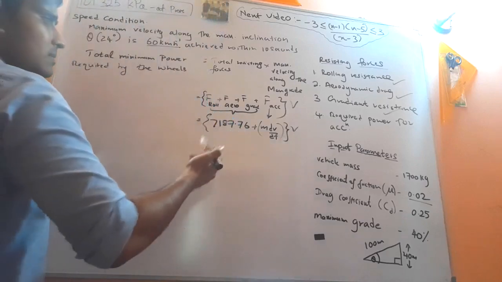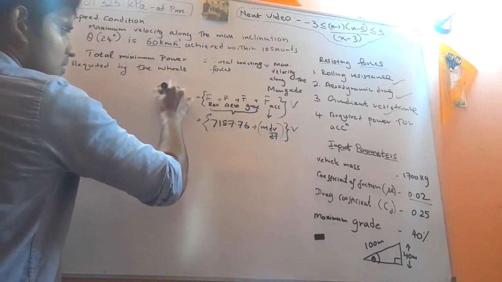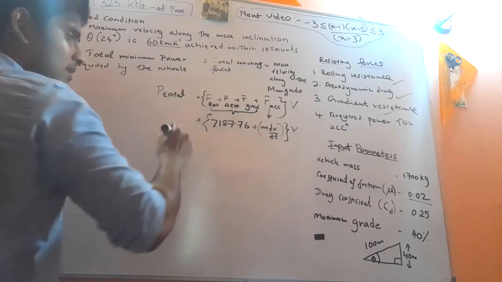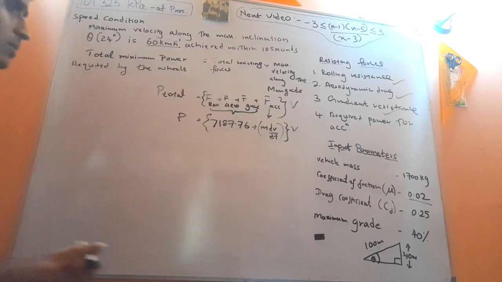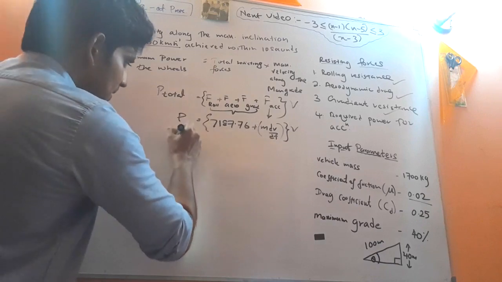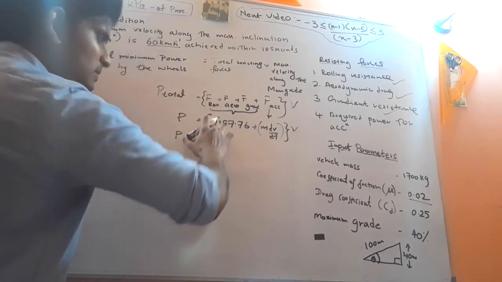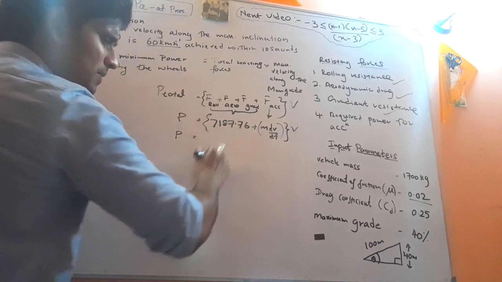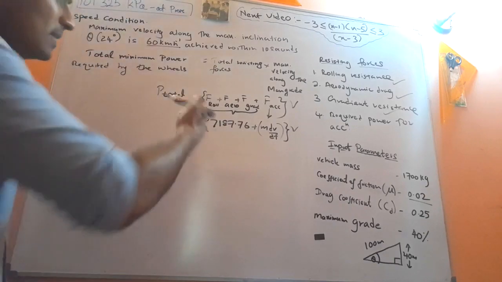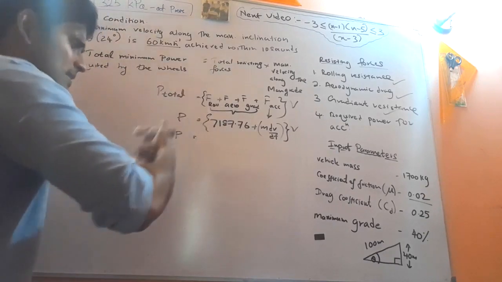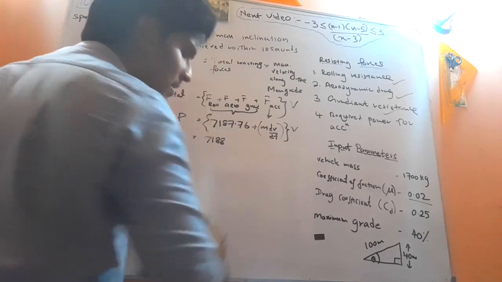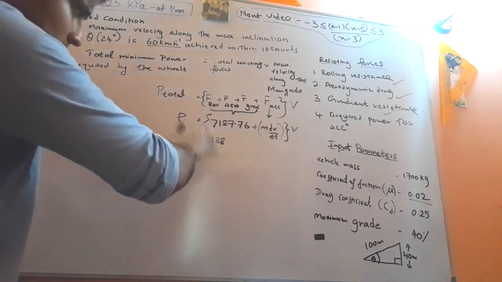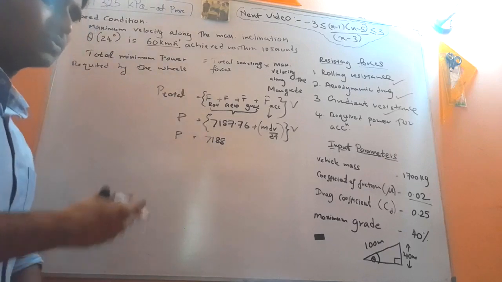What is this? The total power, P total. So now P equals 7187. For our easiness, let's write it as 7188, because it will be easier for us to do the simplifications.